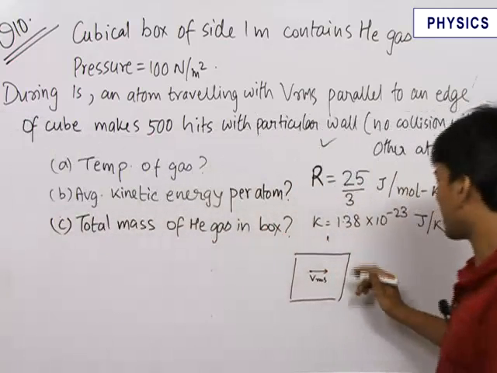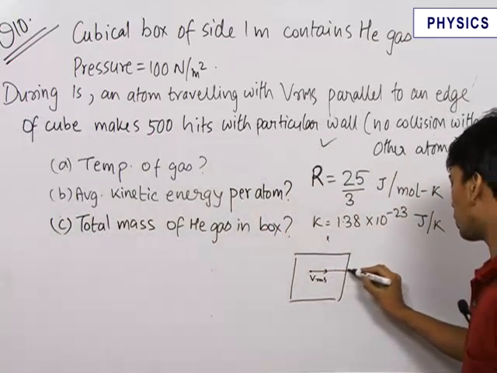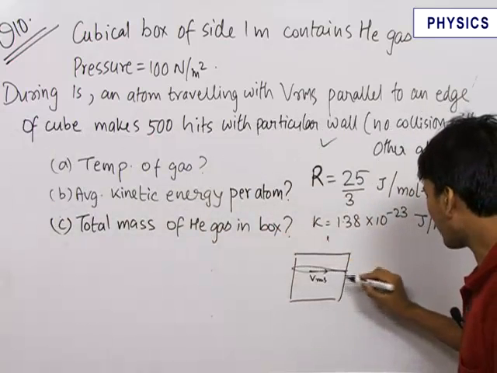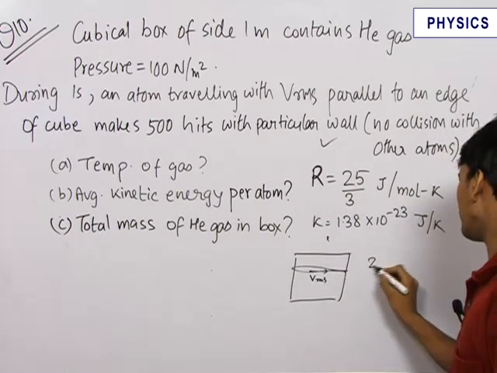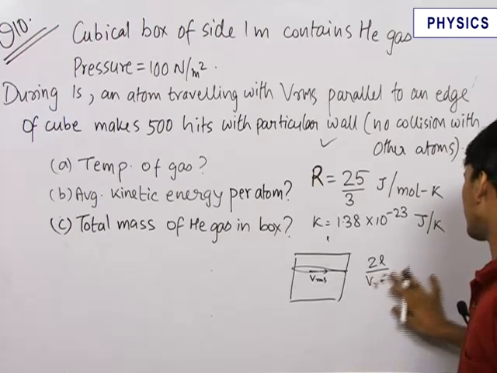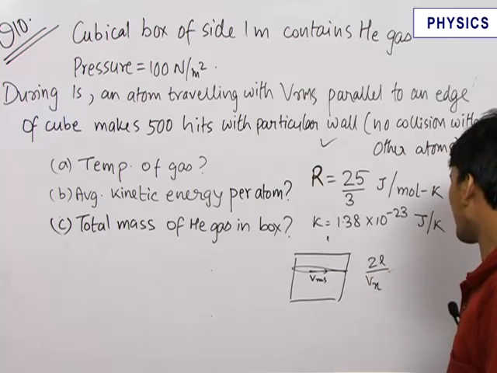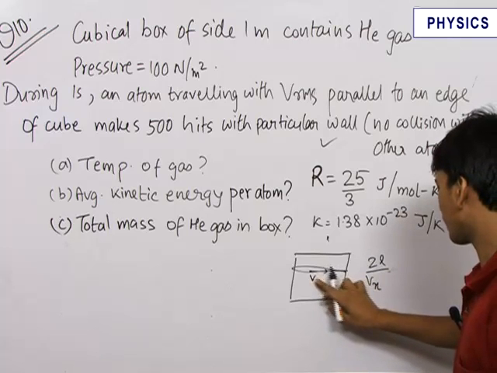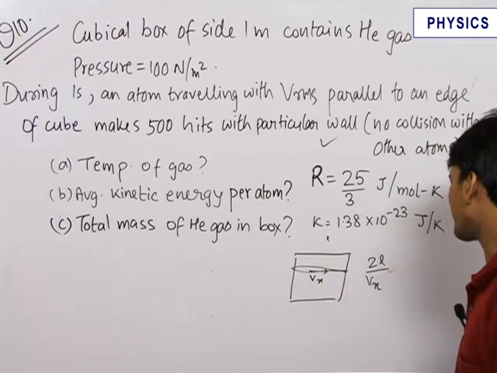Let us find out the time taken by it to collide here and return back for the second collision. The time taken will be equal to 2L upon VRMS. Let it be 2L upon Vx in the general case, where Vx is the velocity in the x direction.